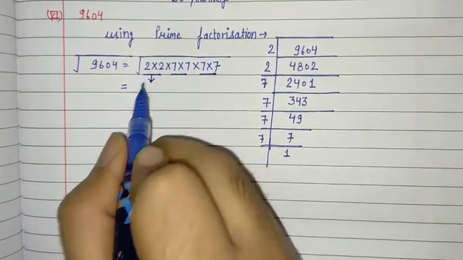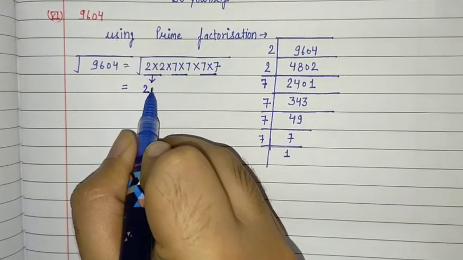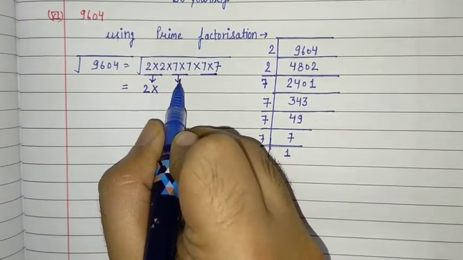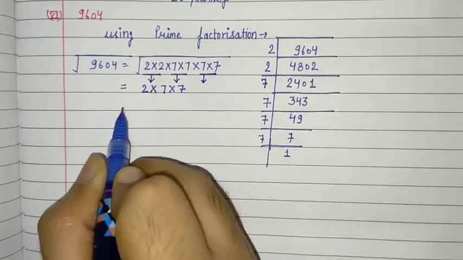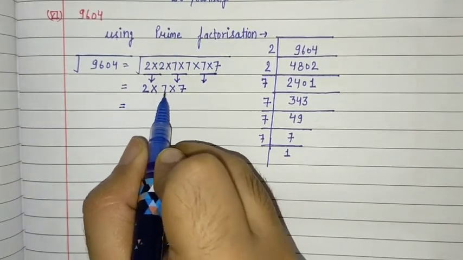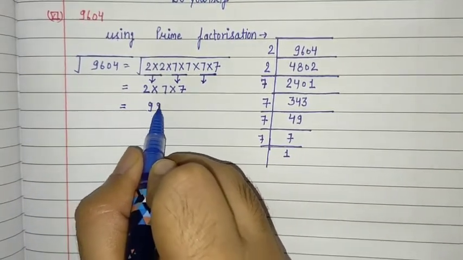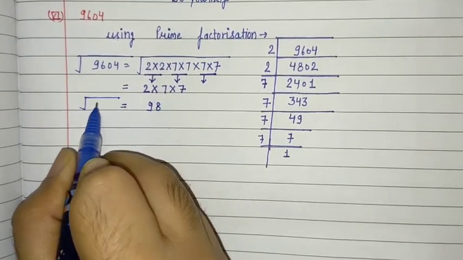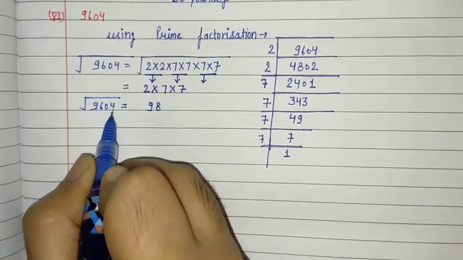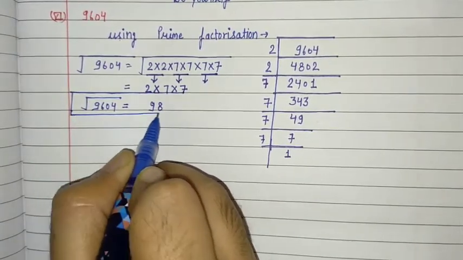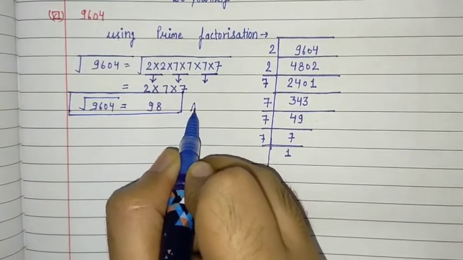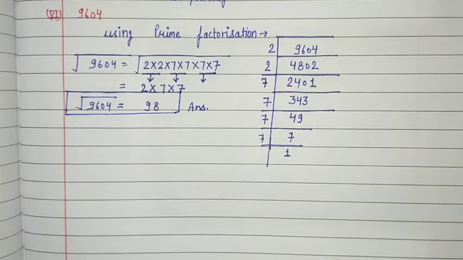Now take one number from each pair outside: 2 from here, 7 outside, and 7 from this side. If you multiply, 2 into 7 is 14, and 14 into 7 is 98. So the square root of 9604 is equal to 98. This is the answer.